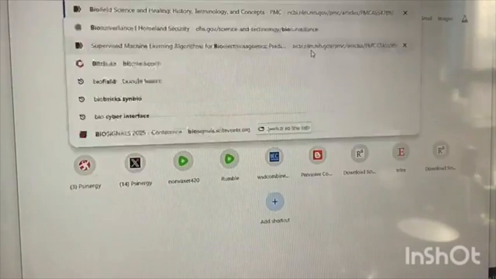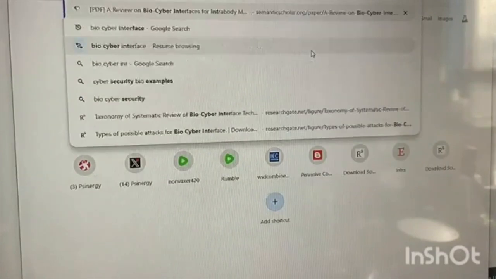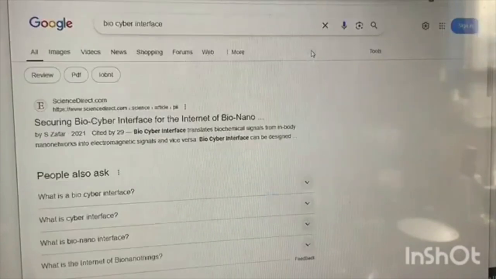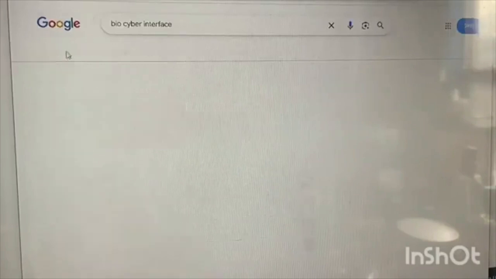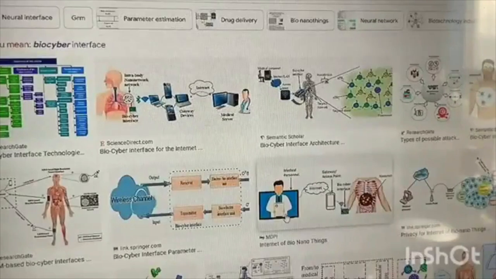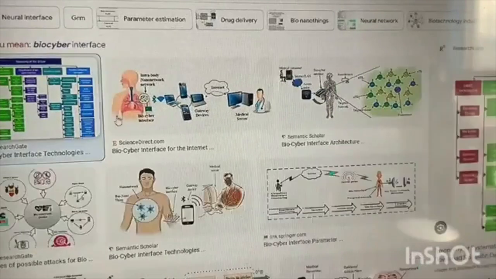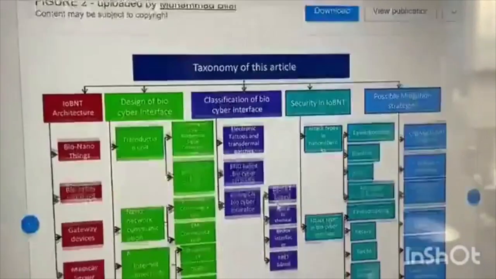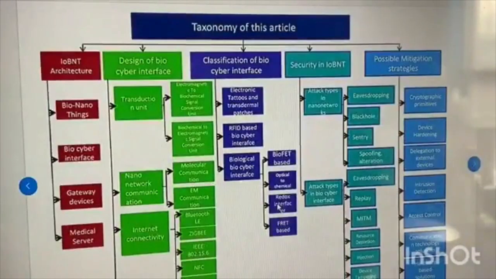So what they do is they have built a bio-cyber interface system for things like the bio-nano-things networks, intra-bio-nano-things networks, etc. When you Google bio-cyber interface, the paper that I show most often, because it is the taxonomy for the Internet of Bio-Nano-Things architecture, the design of the bio-cyber interface, the classification of the bio-cyber interface, and then over here on the far right are the cybersecurity terms that everybody knows on the internet.